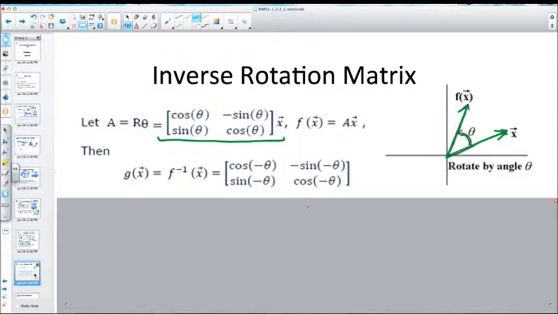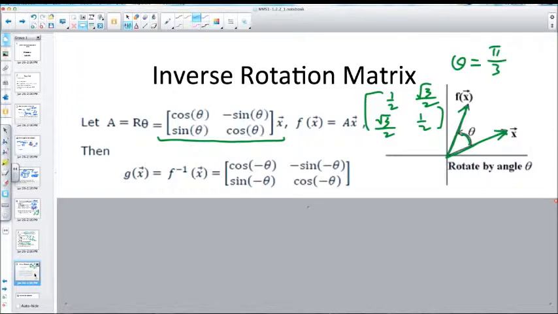For example, if theta equals pi over 3, then this is 1/2, negative square root of 3 over 2, square root of 3 over 2, and 1/2. You multiply this and you get the rotation.